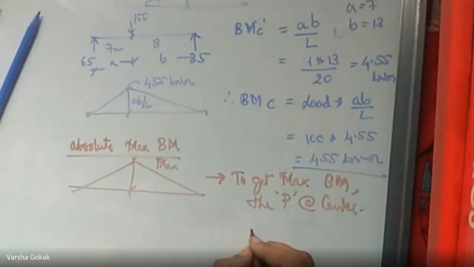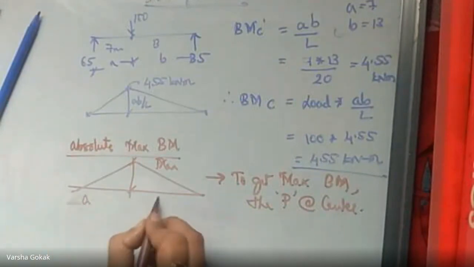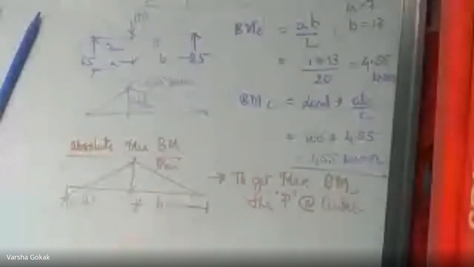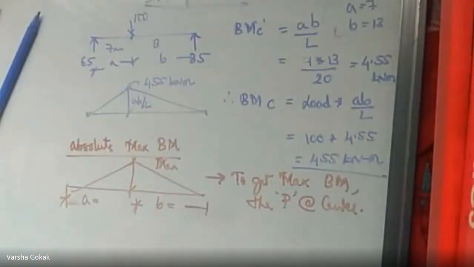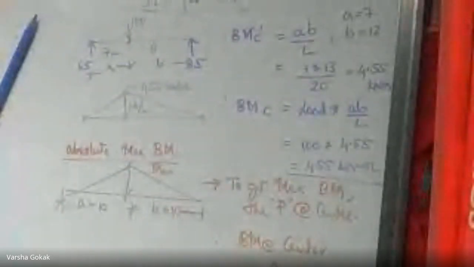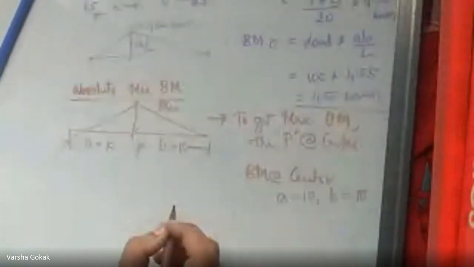So if the load is at the center, what are your dimensions? What is the value of A and what is the value of B? 10. Yes. Center means your A and B values will be 10 and 10. In that case, for the bending moment at center, A equals 10 and B equals 10, right?